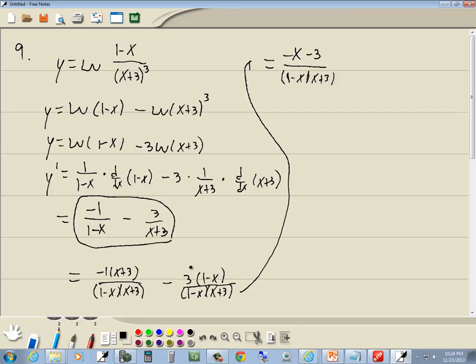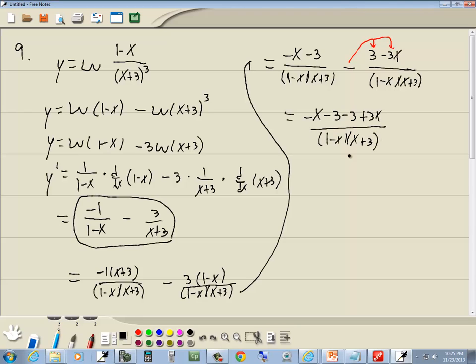And then minus 3 times 1 is 3. 3 times negative x is negative 3x over this denominator. Now a negative out in front of your fraction flips the sign of everything up on top. So flips the sign of that and that. So we're going to have negative x minus 3 plus 3x all over our denominator. Negative x plus 3x is 2x. Negative 3 is negative 6.